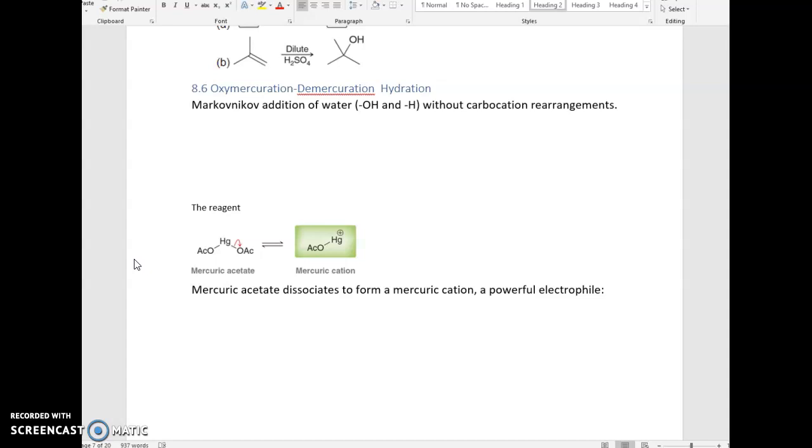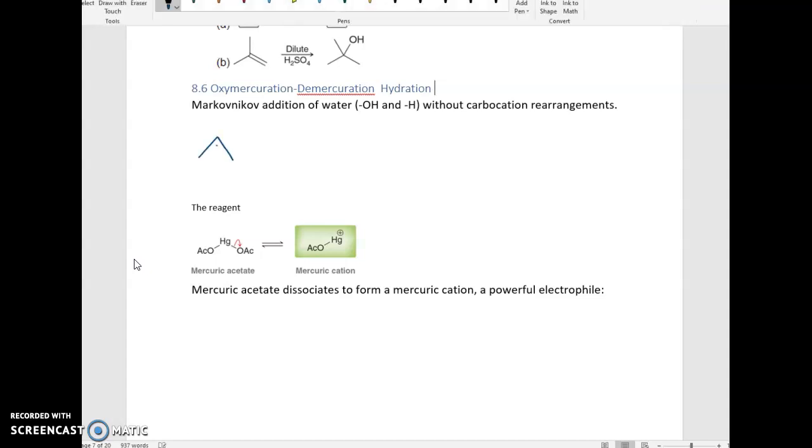So if we start with our double bond here, what will happen is we will have an oxymercuration. And this will be the result.